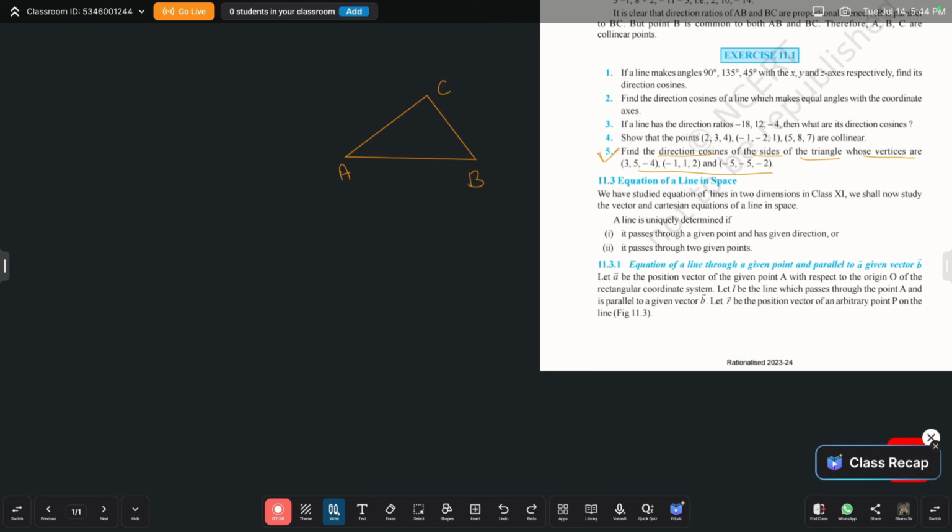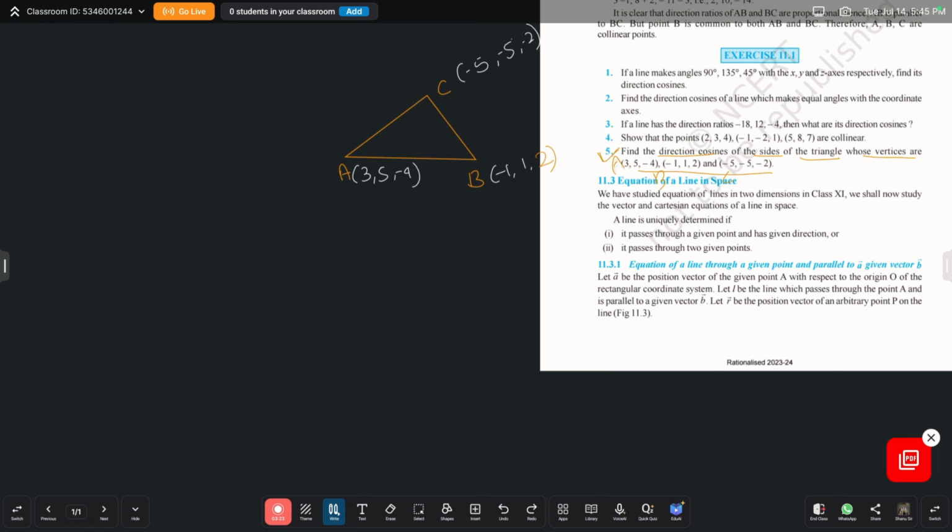This is A, this is B and this is C. So A is (3, 5, -4), and B is (-1, 1, 2), and C is (-5, -5, -2).